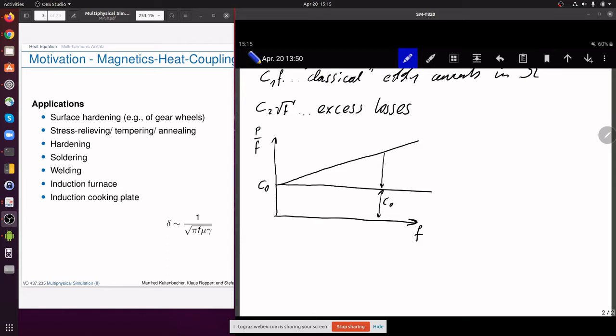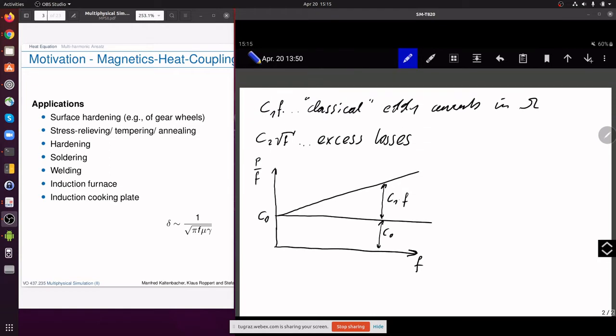Then we have a linear scaling, C1 times F, based on classical eddy currents in the whole domain, and then we have an additional part that scales with the square root. So this is C2 times F square root F.